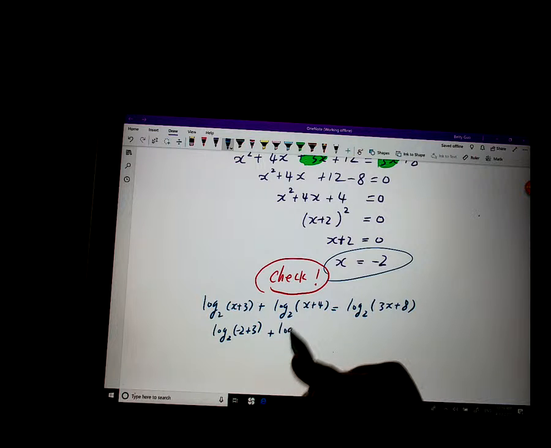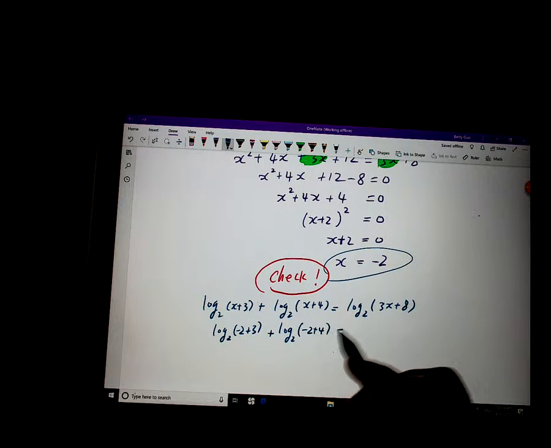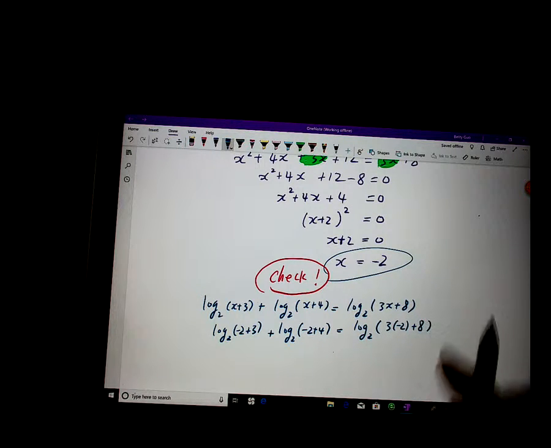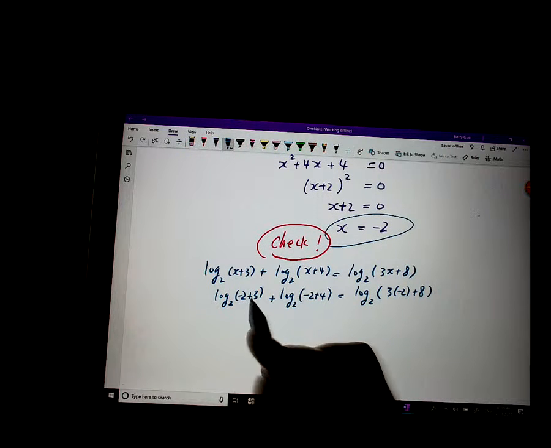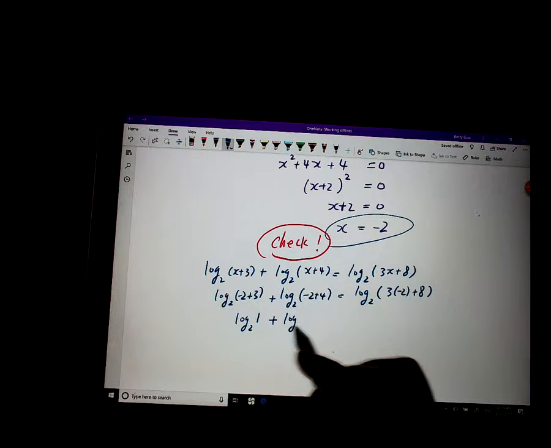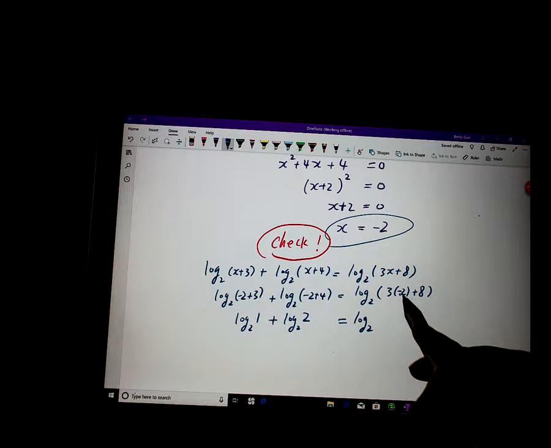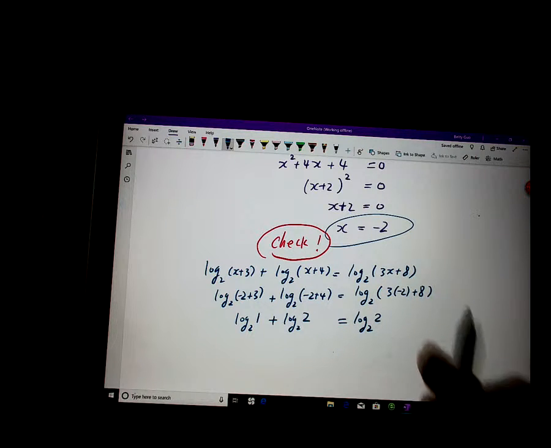And here we plug in the antilogarithm, -2 plus 4. On the right-hand side we have 3 times -2 plus 8. -2 plus 3 is 1, so log base 2 of 1. -2 plus 4 is 2. 3 times -2 is -6, and -6 plus 8 is 2.